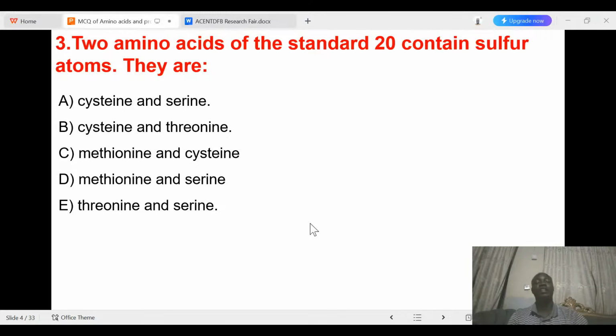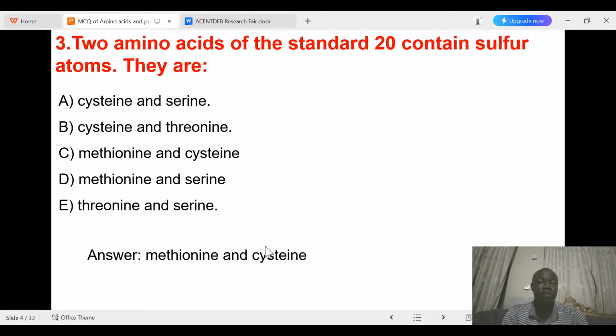So for question 3, the answer is methionine and cysteine. So option C here is the answer.